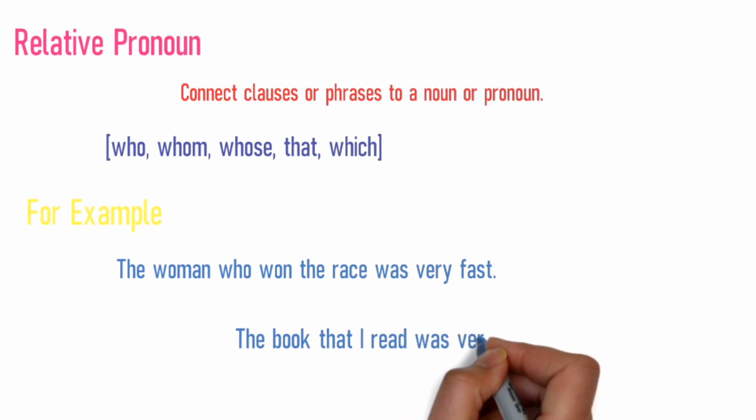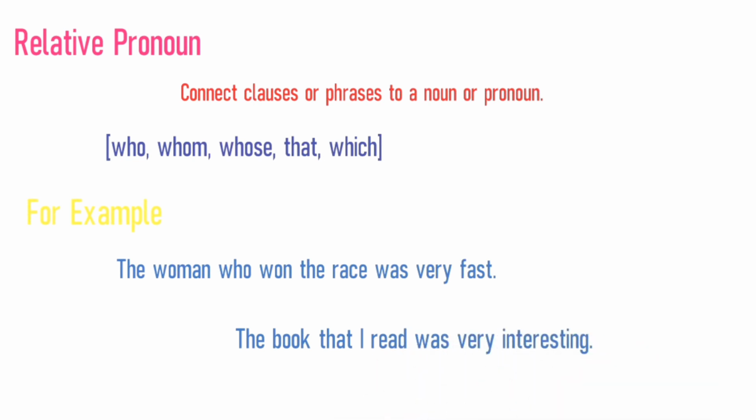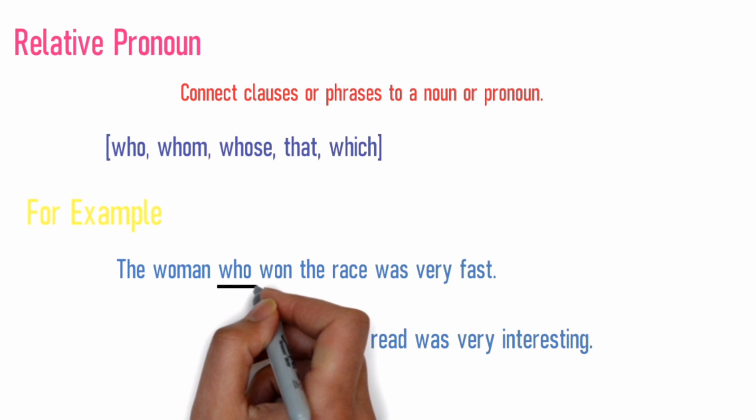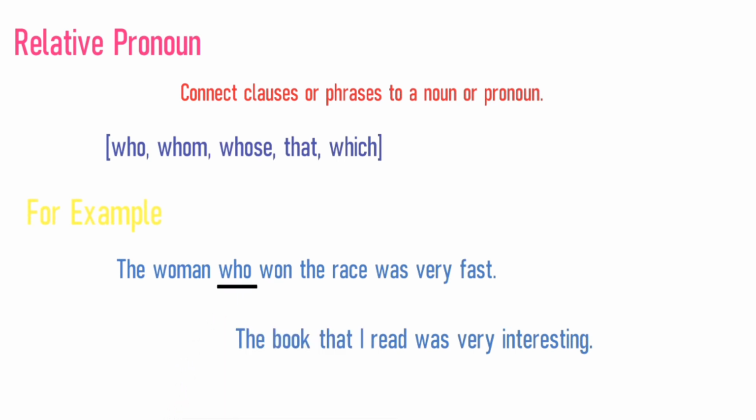"The book that I read was very interesting." In these sentences, who is connecting the woman to the winner. So who is a relative pronoun that is relating a noun to the noun phrase. In the second example, that is also a relative pronoun because it is relating the book to the reader.